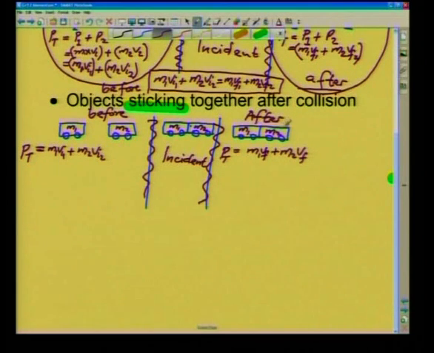Because after collision, those two trolleys stick together and move in that direction together. It's just an example. So they have got the same final velocity.